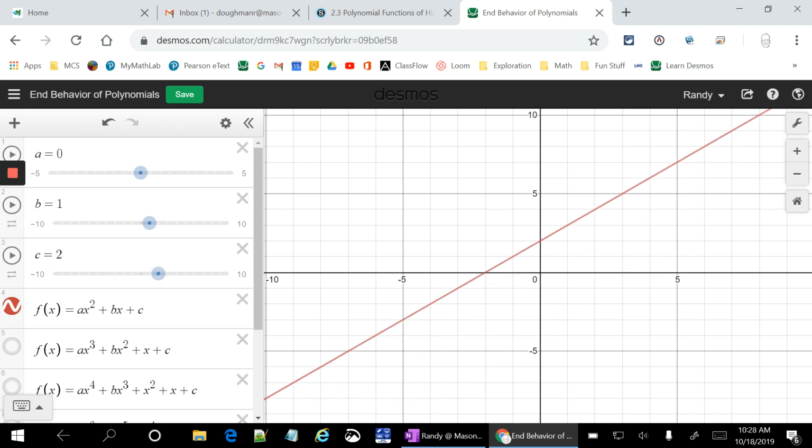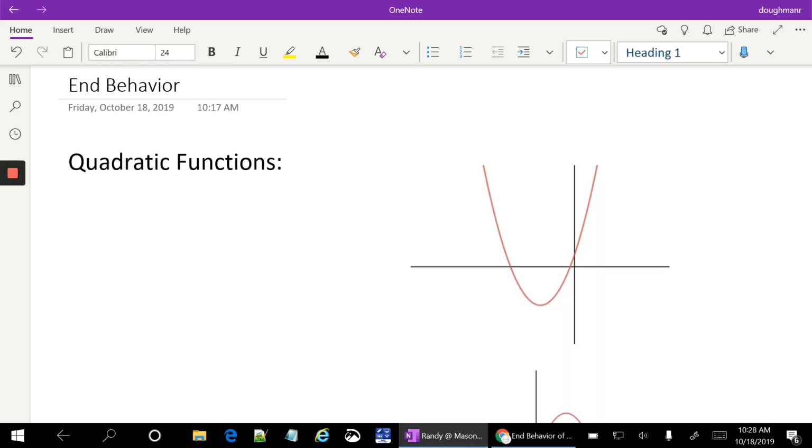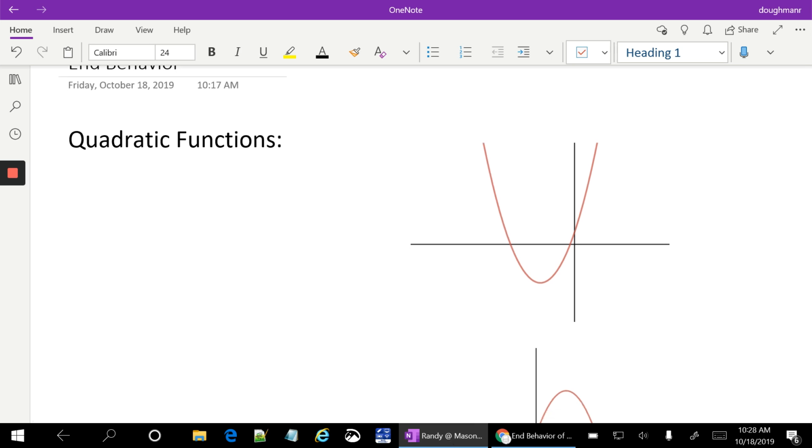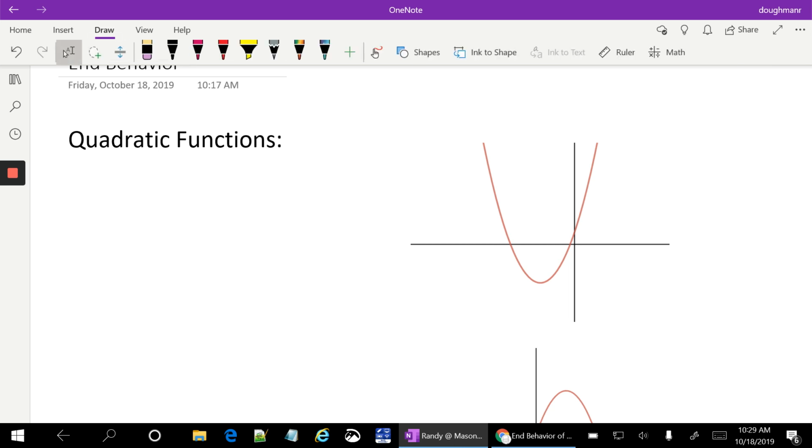So what we'll do is take that information back to our notes here and look at what happens in a quadratic function. And let's look at what we call end behavior. The first thing we realize is that these, I'll put an arrow here and an arrow here, meaning that the curve is going to go on forever in both the x direction and the y direction.